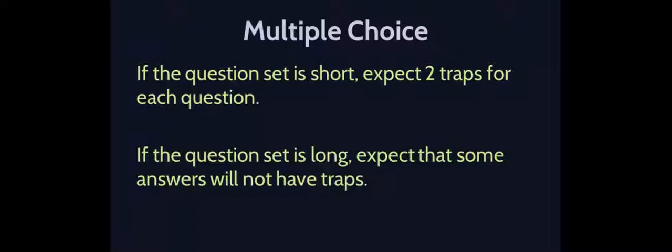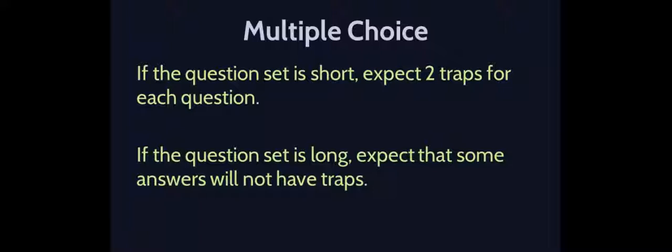However, if the question set is long, maybe you've got 7 questions, expect that some of the answers may not have traps. There's just not enough time. It takes some time in the dialogue to set up multiple traps.